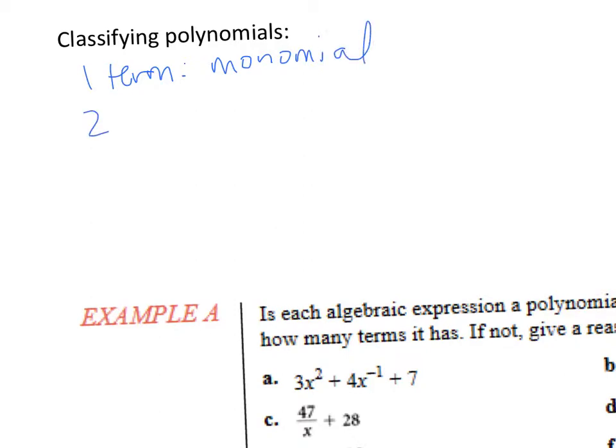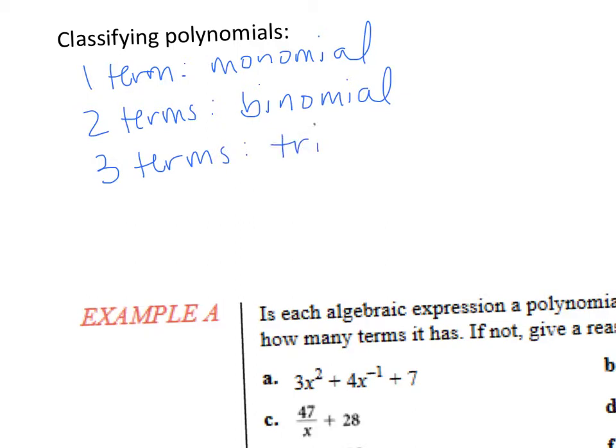If it has two terms, we can classify it further and call it a binomial. If it has three terms, that would be a trinomial. And lastly, if it has four or more terms, we cannot classify it any further. We don't have an exact name for it, so we will just leave it as polynomial.